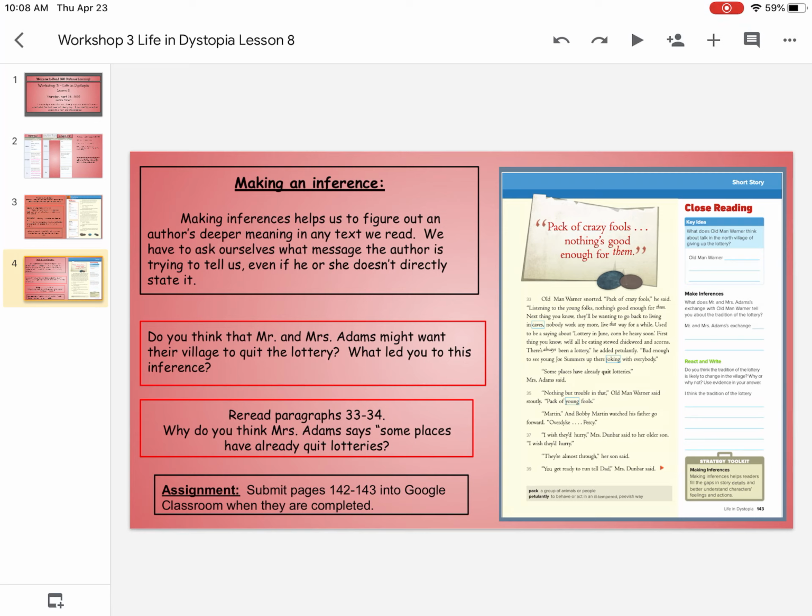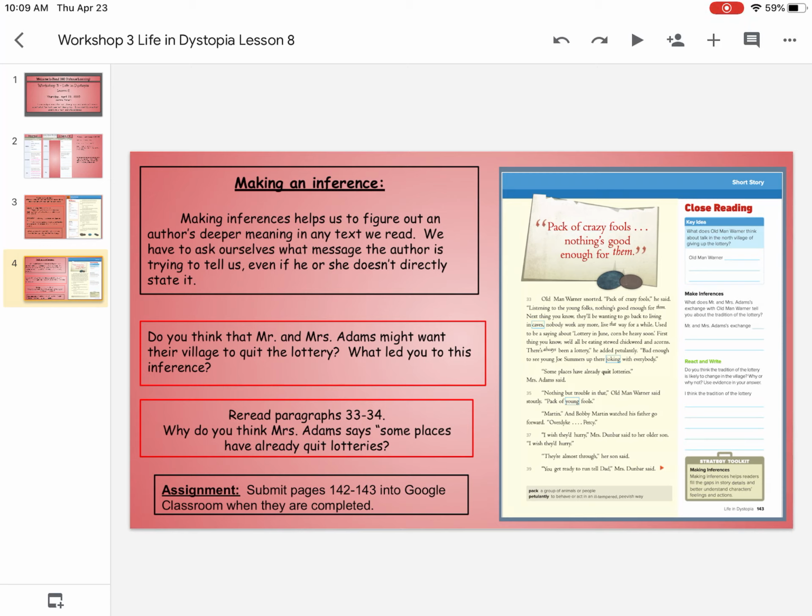Okay. Now, I'm going to have you go ahead and finish the two sections, the making inferences. This question says, what does Mr. and Mrs. Adams' exchange with old man Warner tell you about the tradition of the lottery? Now, an exchange just means a conversation.